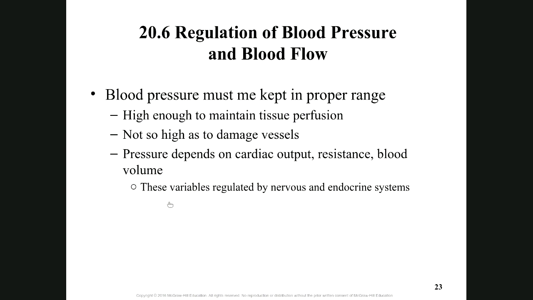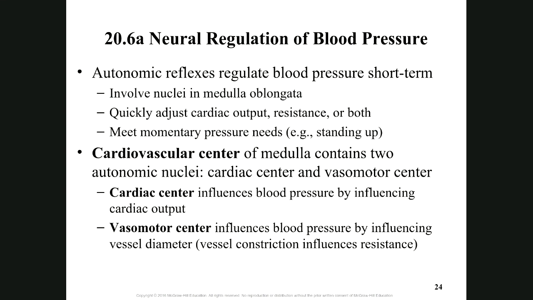And we have two important systems in our body which can control this blood pressure. One of them is the nervous system, and the other one is our endocrine system. The autonomic nervous system can do regulation of our blood pressure in short terms, and it involves nuclei which we have in our medulla oblongata.